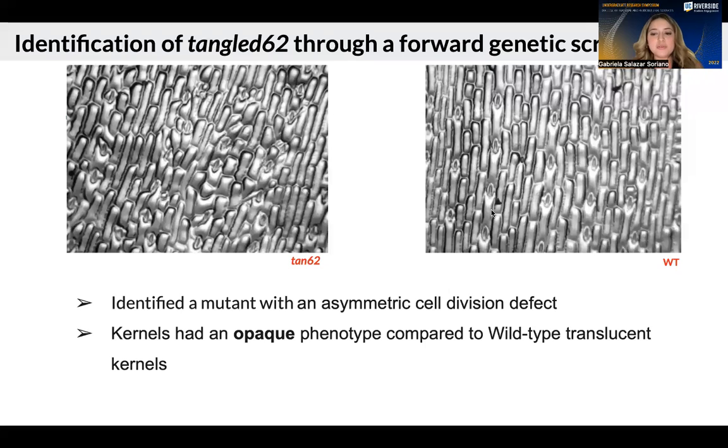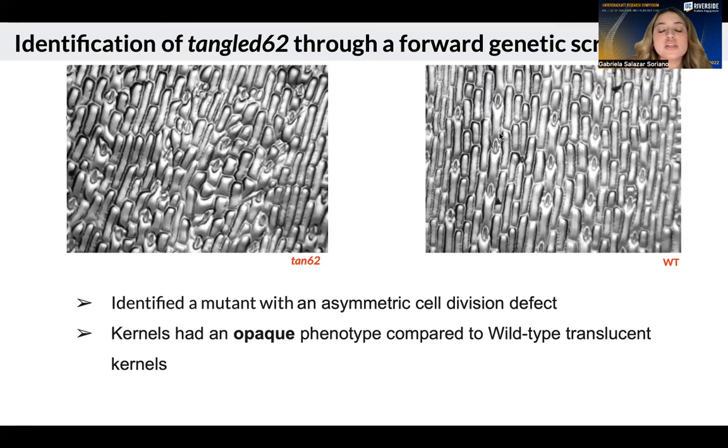Okay, so with the intention of our lab being interested in division plane orientation defects, our lab did an EMS mutagenesis experiment, and through forward genetics, we were able to identify a new mutant called Tangled 62.